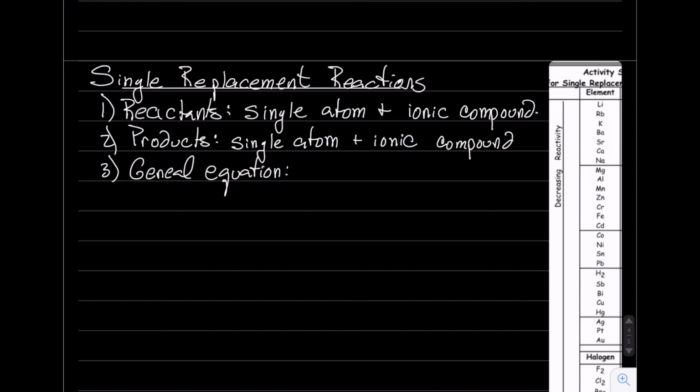Oh well. The general equation will be A for our single atom plus XB, our compound, producing X plus AB. So what happened here is that the A and the X switch places.